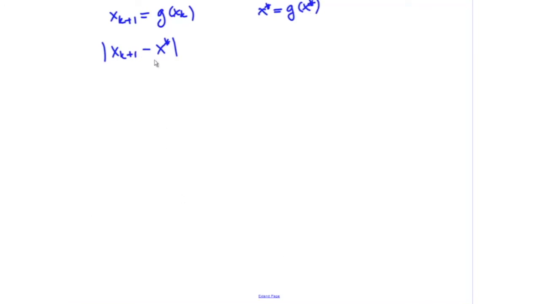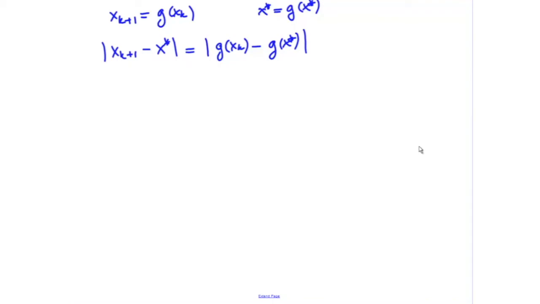And of course, this is the absolute value of the error after k plus 1 steps. Then this is the same as, instead of xk plus 1, I will write g of xk. And then x star is the same as g of x star. So we have the equality here, right?